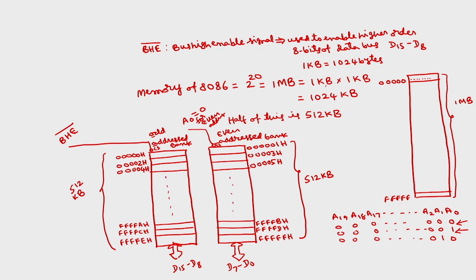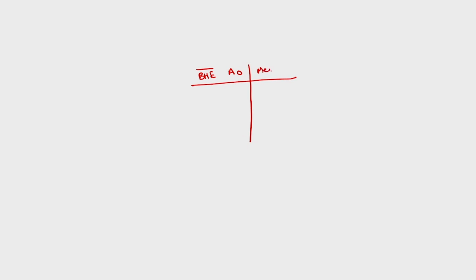Now we can form the table, BHE bar versus A0, and the type of memory operation. If both are zeros, what happens?